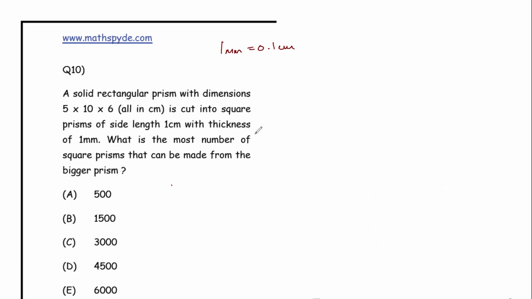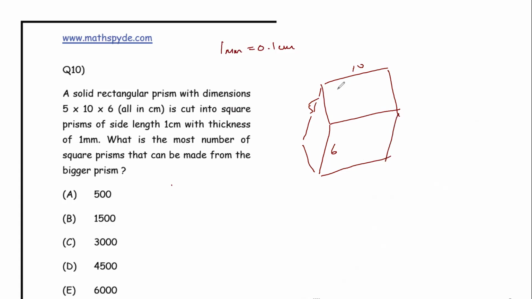Okay, so that's 5, 10, and 6, and we have 0.1 centimeter, so 1 mm, tiny square prisms.